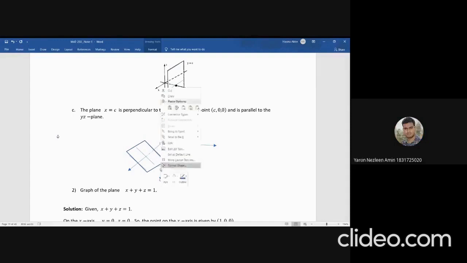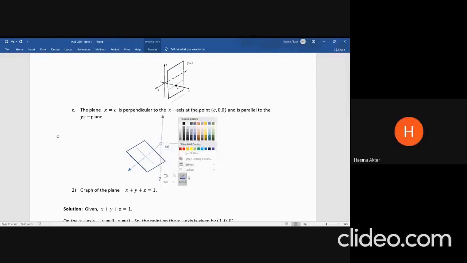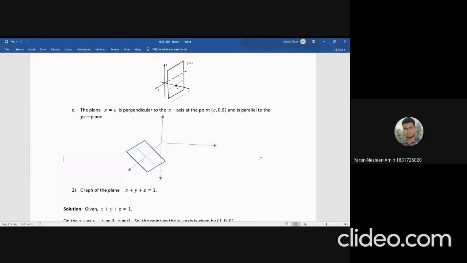Not only z, we have portions of the x-axis and y-axis. This is the portion of the z-axis which is under the xy plane. Okay. Yes miss. Okay then, let's continue.